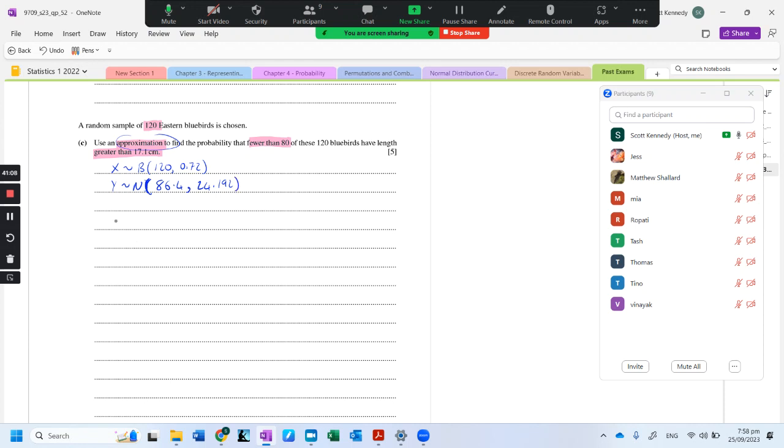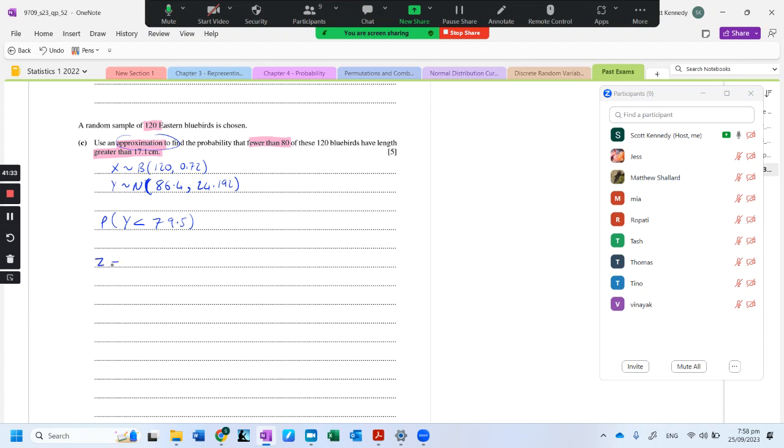And now we're trying to find the probability that how many? Fewer than 80. Okay, so Y is less than, but we need to do our continuity correction. So Thomas? Correct, 79.5. Very good. And now we can find our z value.